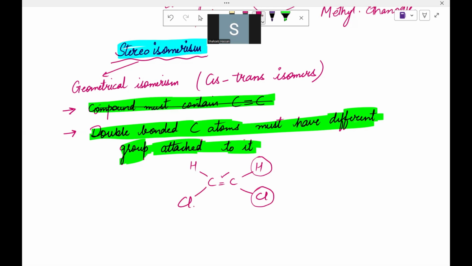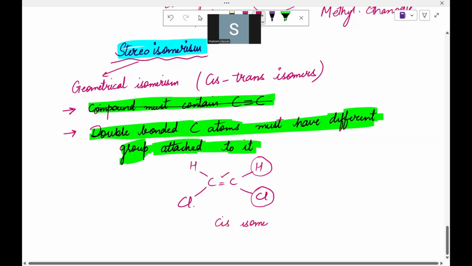Remember one thing, when they have the same atom on this side, this is called a cis isomer. And when they have different atoms, like this is H, this is Cl, and here is Cl, here is H, then it would become a trans isomer.